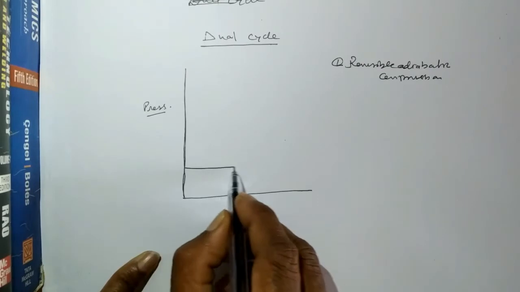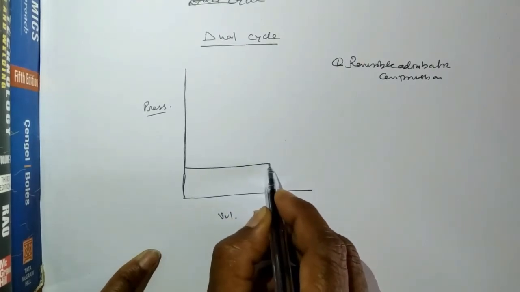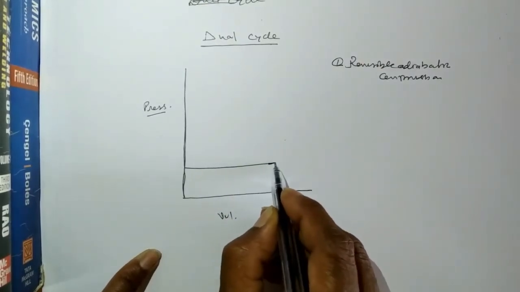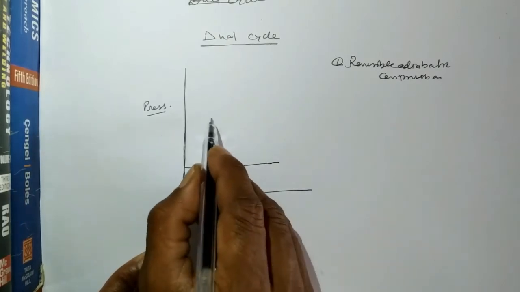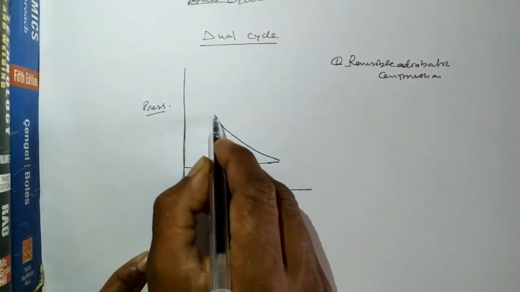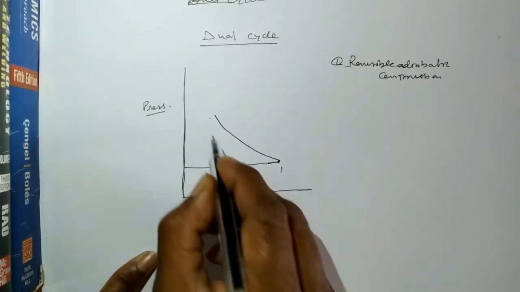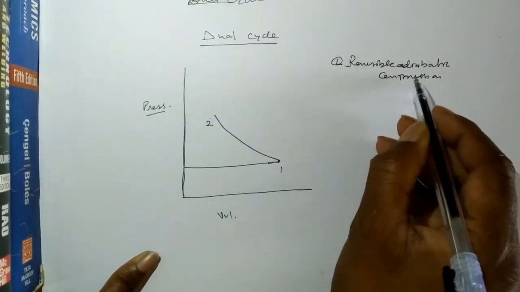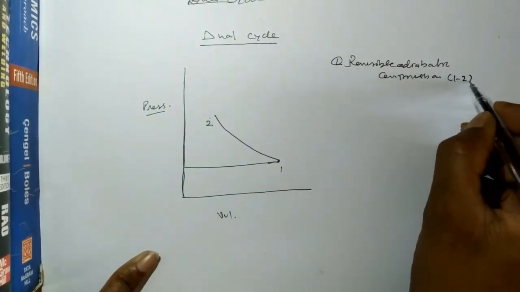This is your suction process that is ignored in the air standard cycle. And now this is 1 to 2, reversible adiabatic compression 1 to 2.